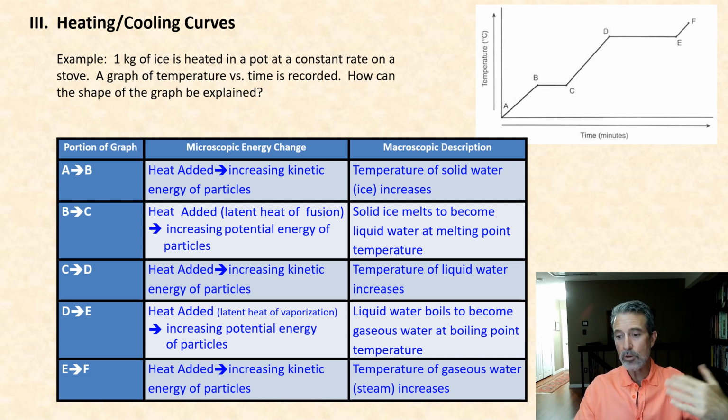So here we see the characteristic shape of a heating curve, where the flat portions represent phase changes. The energy added goes into potential energy, whereas the slope portions of the graph represent temperature changes, where the heat being added goes into increasing the average kinetic energy of the particles in the substance.